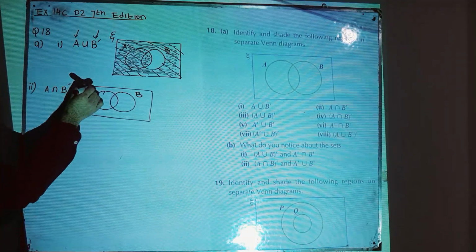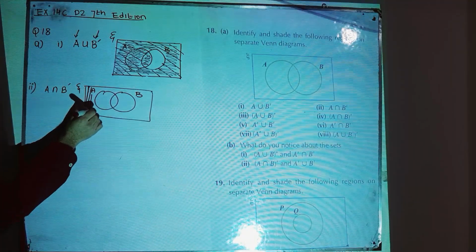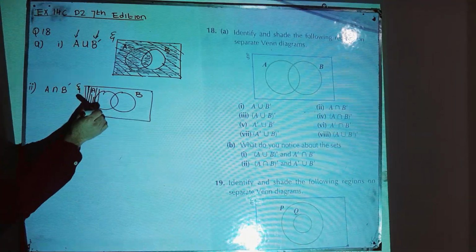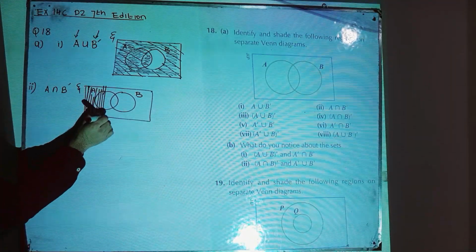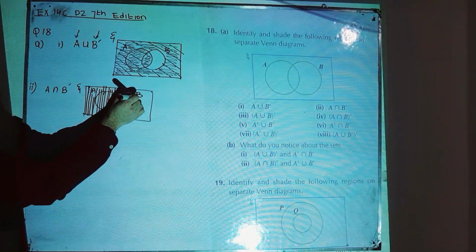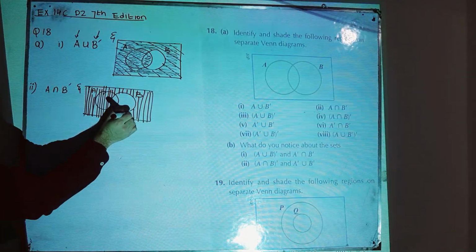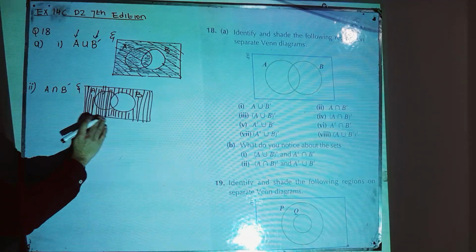So we draw B complement by vertical lines. B complement means all the region other than B, all the region except B. This one is B complement.